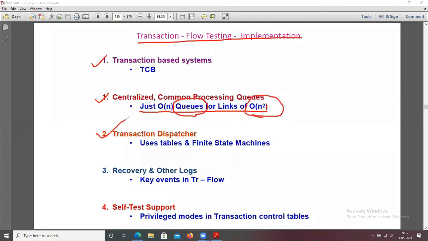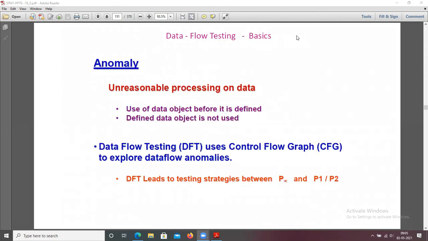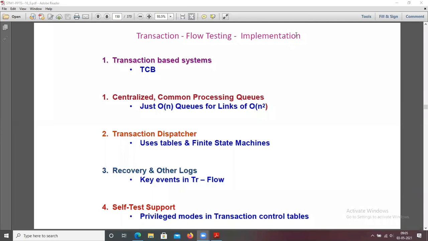So transaction dispatcher uses tables and finite state machines. Third, recovery and other logs. Key events in transaction flow, self-test support, and privileged modes in transaction control tables. So these are the transaction flow testing implementations.